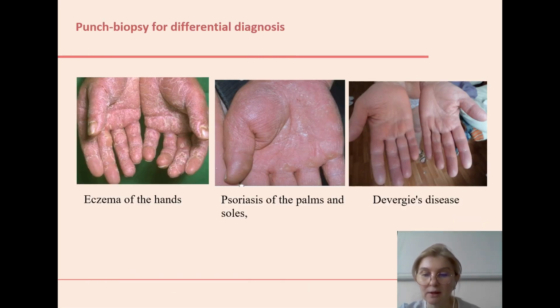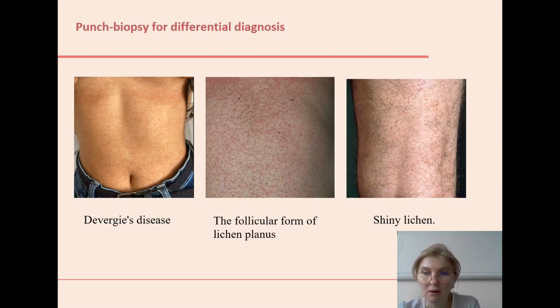Punch biopsy can also be used for differential diagnosis of clinically similar skin diseases. For example, eczema of the hands, psoriasis of the palms and soles, Devergie's disease, the follicular form of lichen planus, shiny lichen, or when the diagnosis is completely unclear.